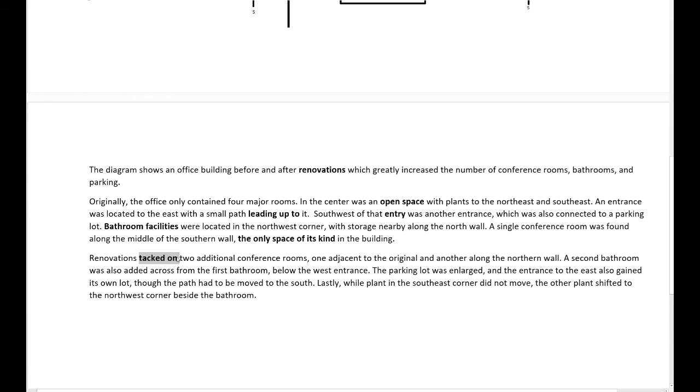Tacked on, meaning like added. Adjacent to, meaning next to. Enlarged, to make it bigger. To gain something, to gain a room, to gain a space.